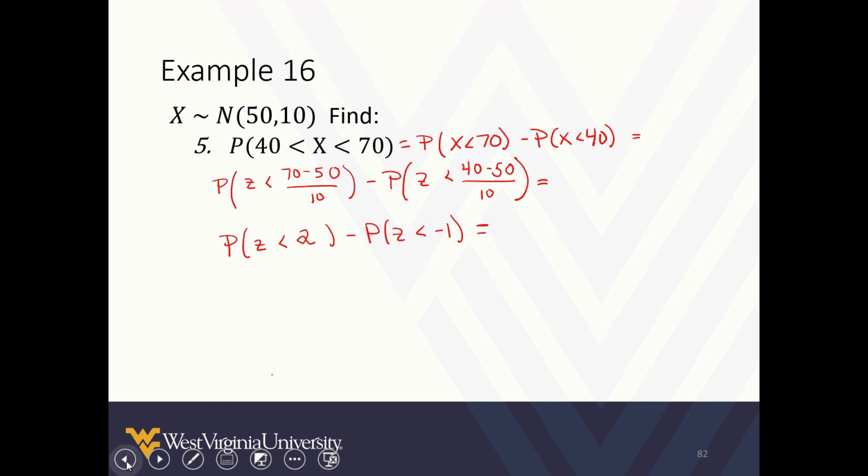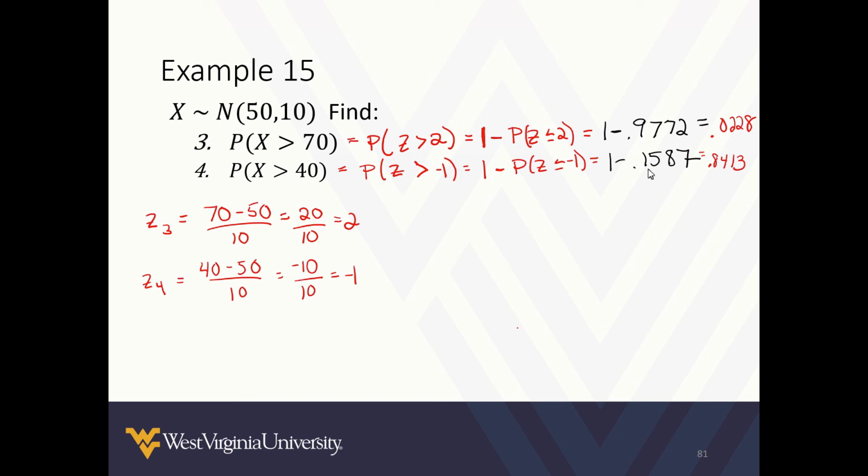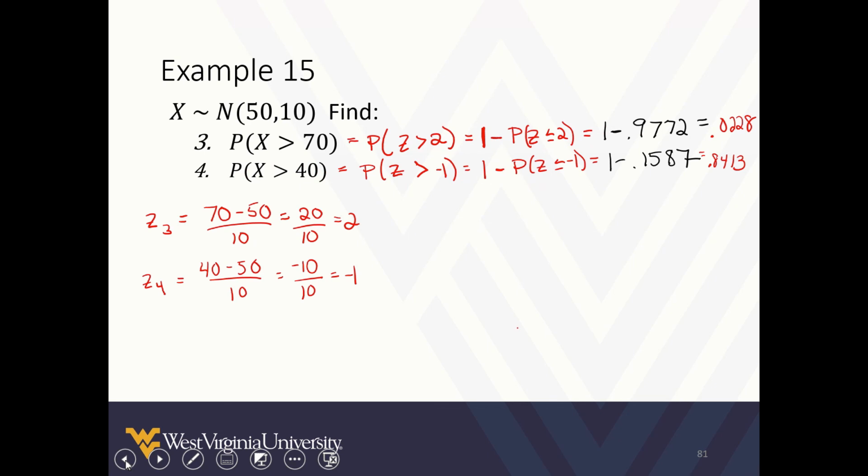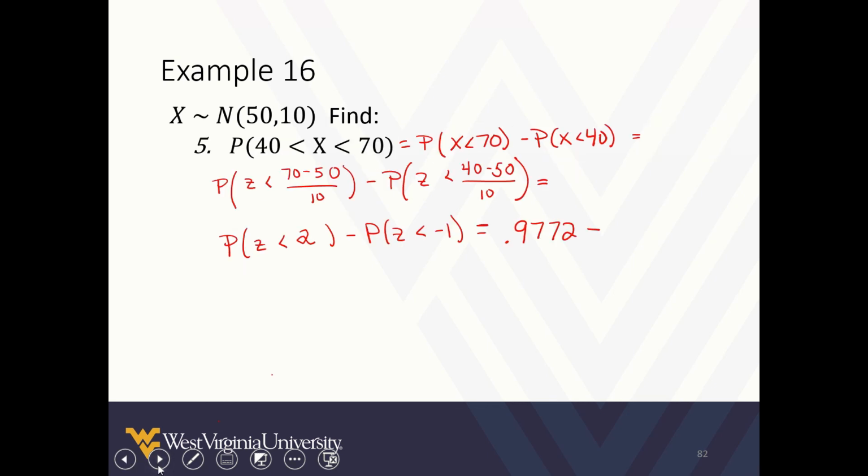Oh, what do you know? We did some of that on the previous slide, right here. So this is going to be 0.9772 minus 0.1587. Let me double check that value.